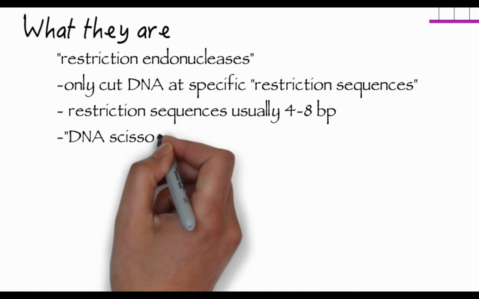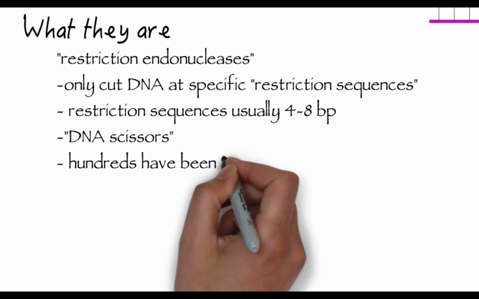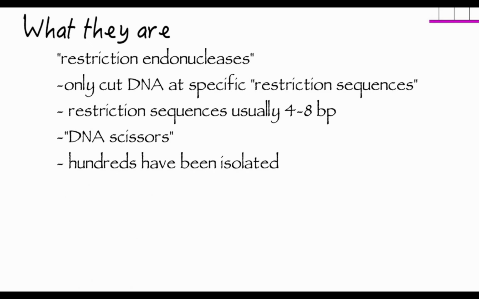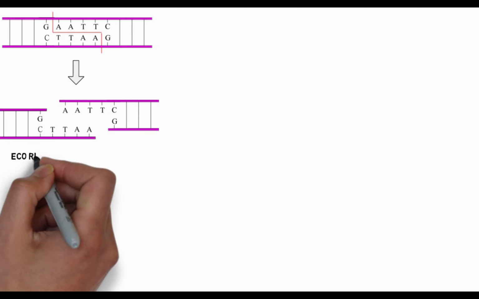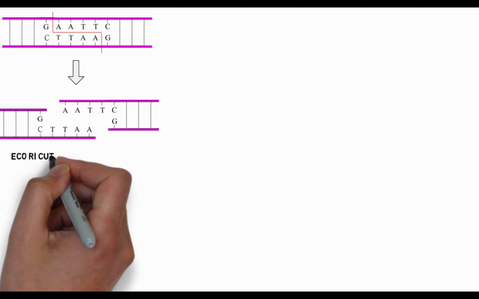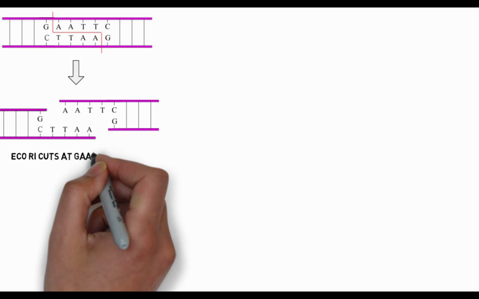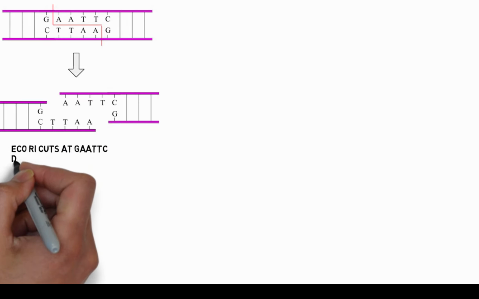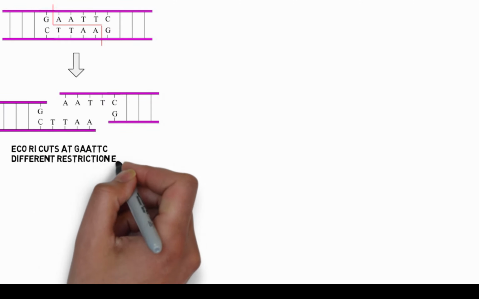You can think of them as DNA scissors. Literally hundreds of restriction enzymes have been isolated. One such example is EcoR1. This recognizes the restriction site GAATTC, and it cuts between the G and the A on both strands, leaving a 4-base sticky end. Each endonuclease cuts at a different restriction sequence.